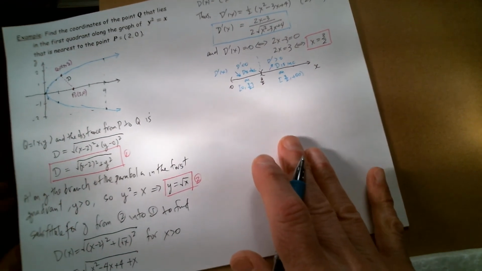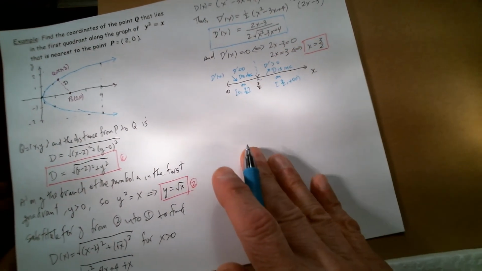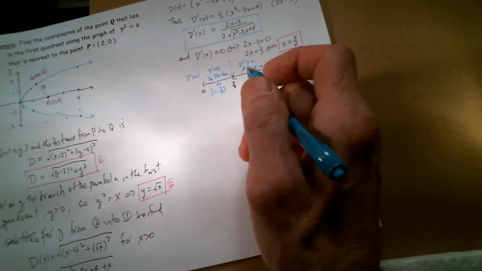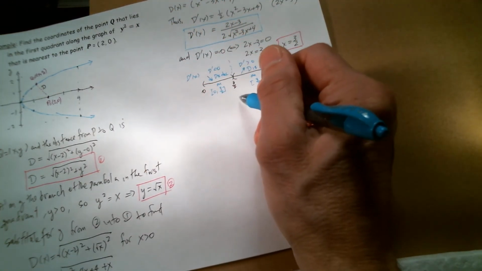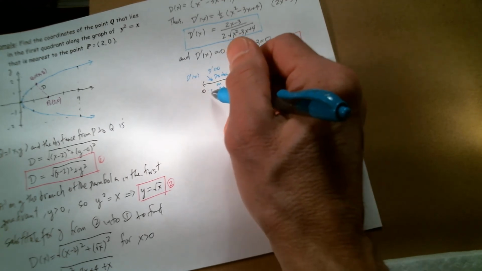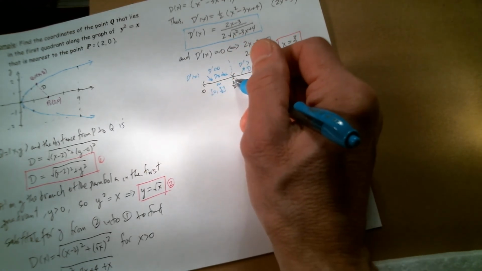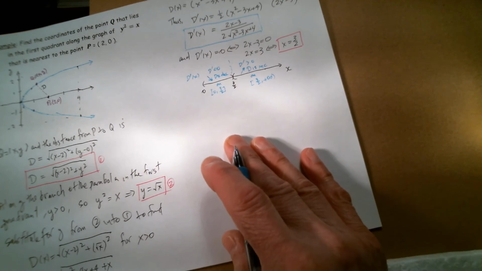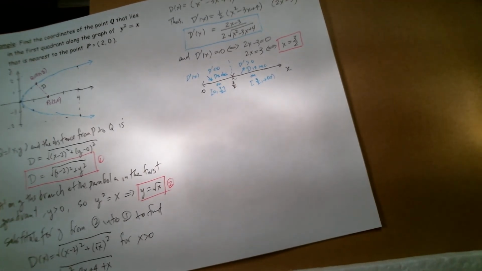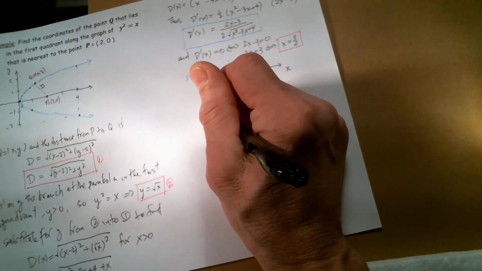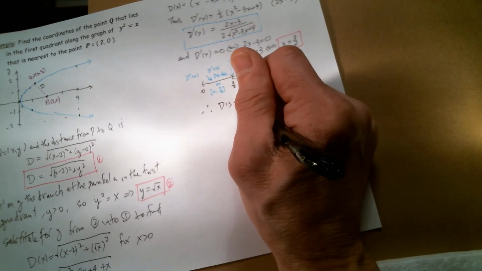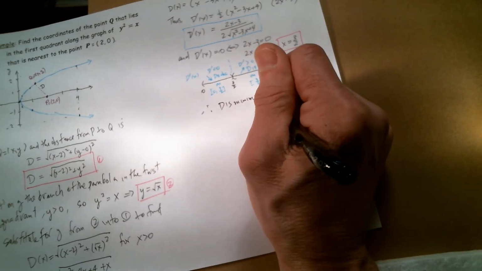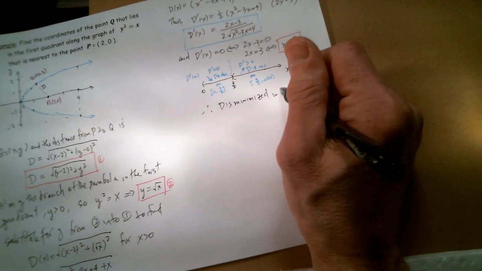And so we know that by our first derivative test, right, if the derivative is negative on the left side of the point, then positive on the right side of the point, the function had to bottom out at the critical number. So therefore, d is minimized when x equals 3 halves.